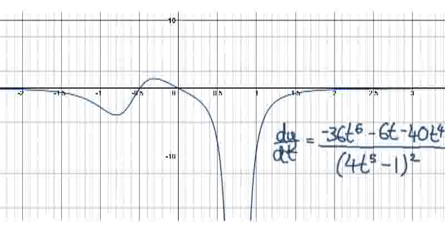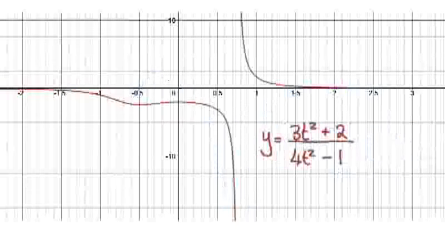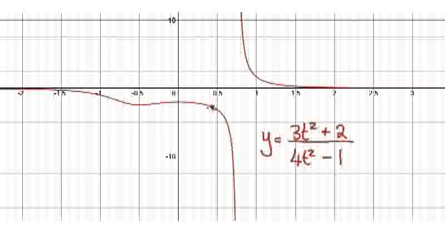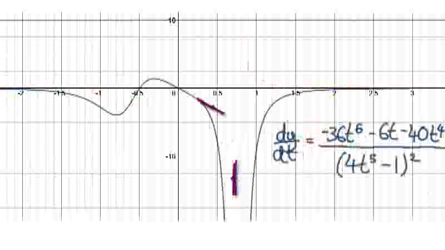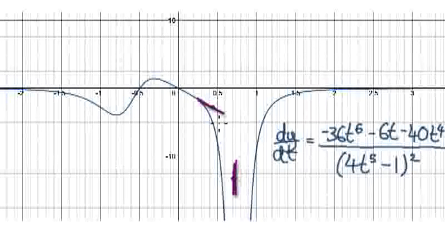Okay, hang on, let me show you what I mean. Looking at our original graph, at this point here, the gradient's negative, but it's not that steep. Here, it's negative, but it's really steep. Now, looking at the gradient graph, it's negative, and it's quite steep, and around here, it's negative, and it's really steep.